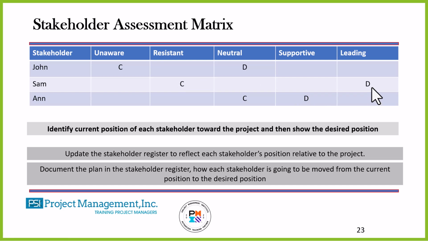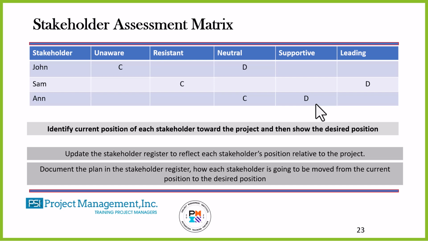That's really going to be difficult to do, but in this case, that's what we need to do. I look at Ann. Ann is currently neutral, and I'd like to move Ann to supportive. So we identify the current position of each stakeholder. Then, once we've identified their current position, we identify then the desired position for those individuals.